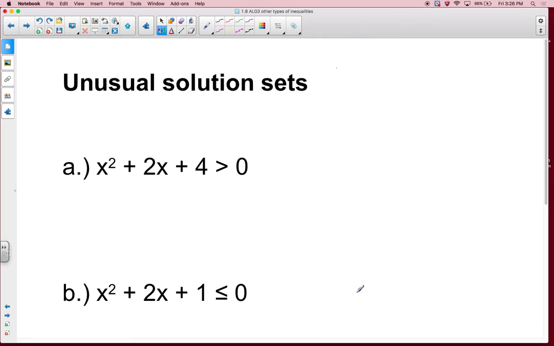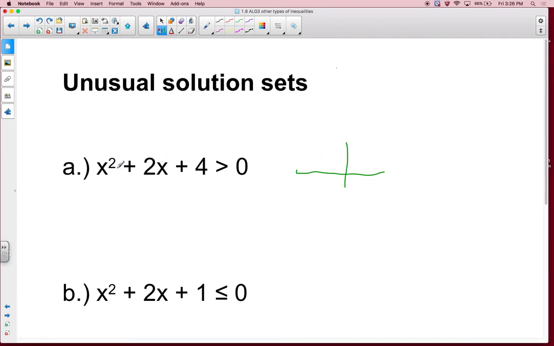Unusual solution sets. So what we're looking at here is, if we were going to graph this, we should be able to realize by now that this is going to be entirely above my x-axis.